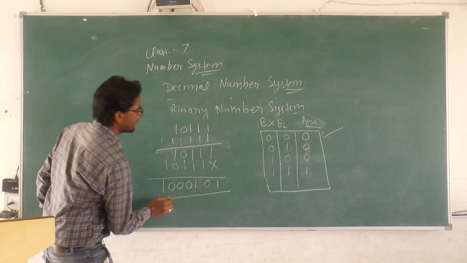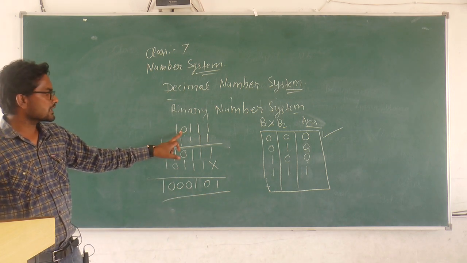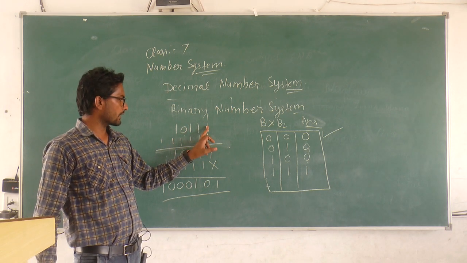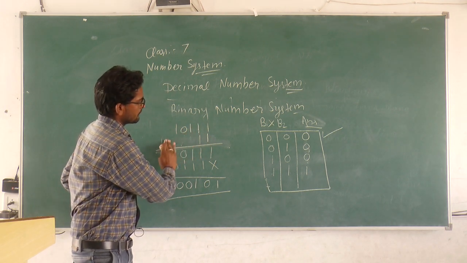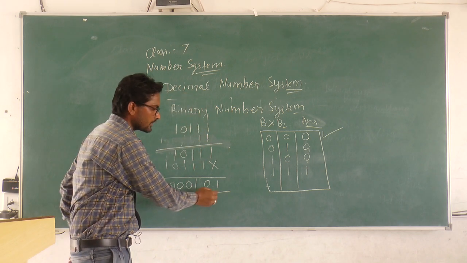So this is your multiplication of 1, 0, 1, 1, 1 and 1, 0, 0, 1. This is your answer.